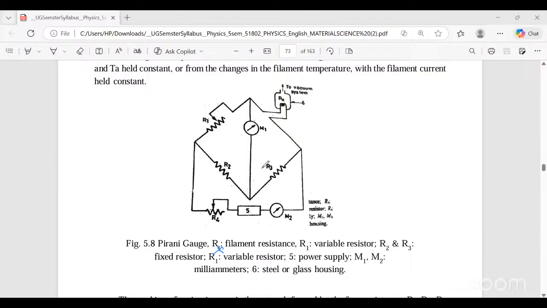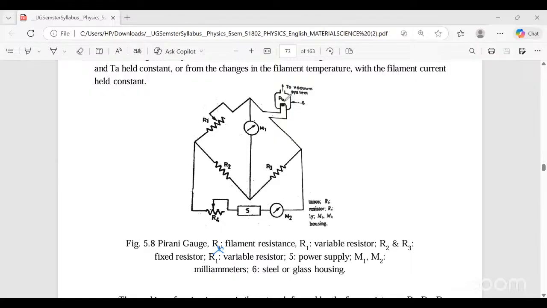The contaminants in the gauge tube are cleaned with chemicals and then dried. The pressure is measured by keeping the filament Rx at constant temperature.